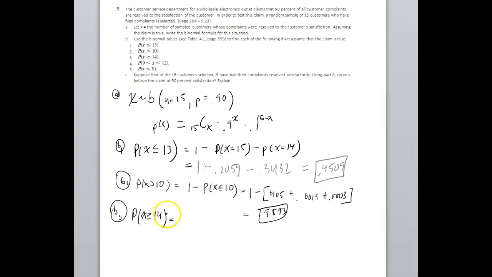Well, greater than or equal to 14 would just encompass the values of x equal 14 and x equal 15. So we could actually just say, well, this is just 1 minus the probability that x is less than or equal to 13, which is just 1 minus 0.4509, which is just equal to 0.5491.